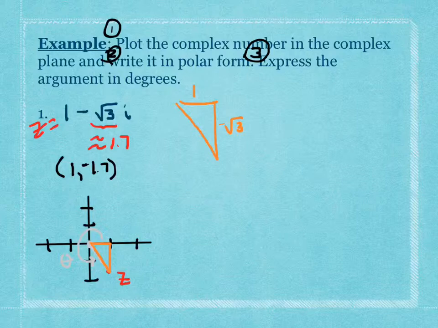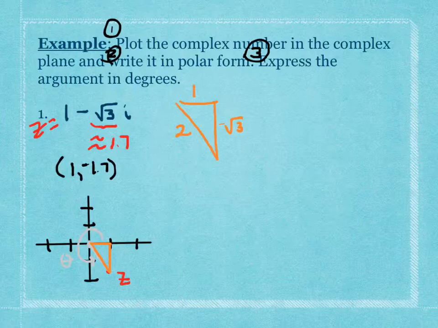That might ring a bell as a familiar triangle. If it doesn't, you can always use the Pythagorean theorem to find the third side. But this is a very familiar triangle. It is 2 on the hypotenuse, and that should ring a bell for special triangles, as well as what your whole unit circle was built on, which is 30, 60, 90 and 45, 45, 90 special triangles.